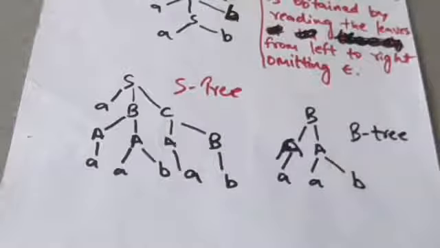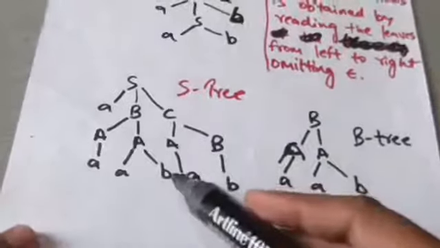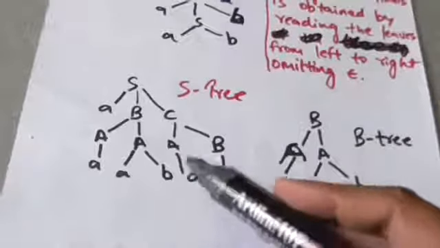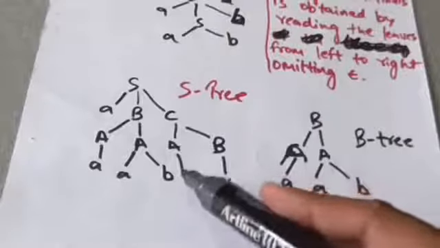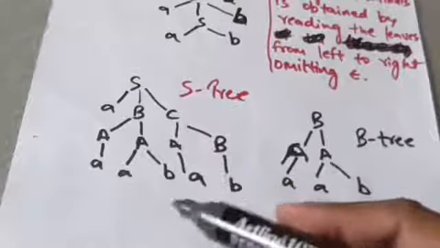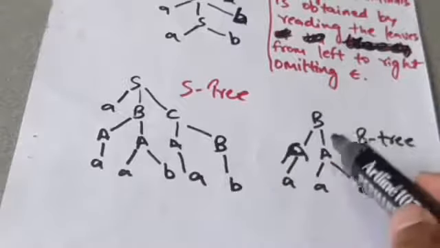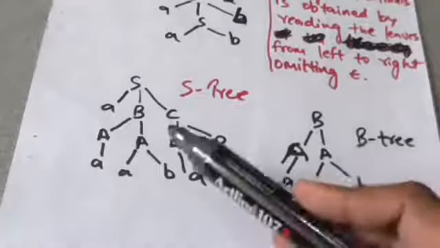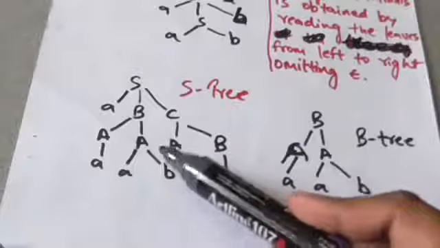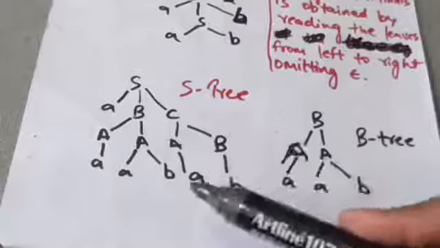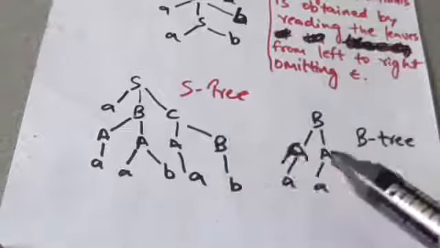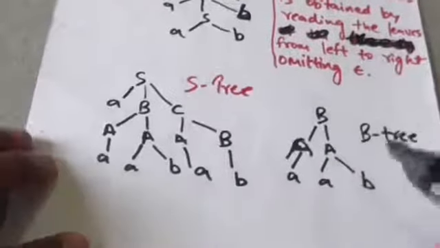Now, a subtree, right? A subtree of a derivation tree. Suppose this is some derivation tree, right? Now, a subtree of a derivation tree is a tree whose root is some particular node of the derivation tree, along with all its descendants, edges connecting them and their labels, right?